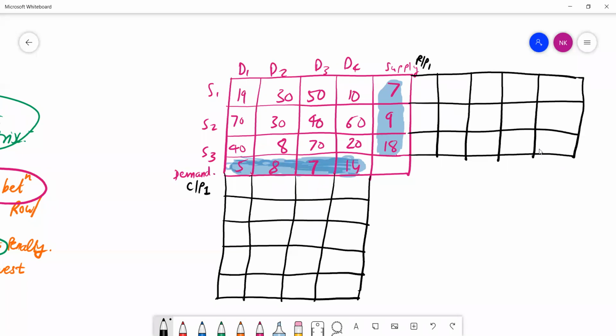Anybody, if you can just unmute your mic and help me fill up these blocks. Sir, for the row it will be 9, 10 and 12. Okay, 9, 10 and 12. Fine. And column? And the column is 21, 22, 10 and 10.